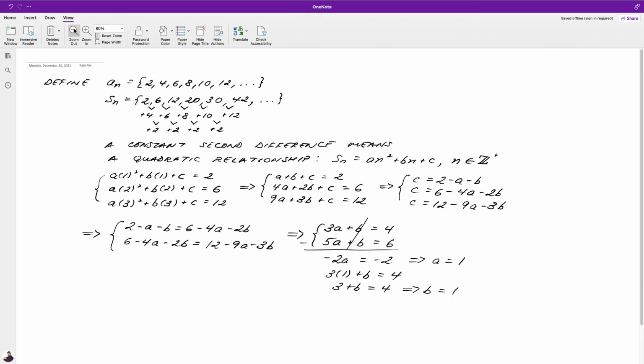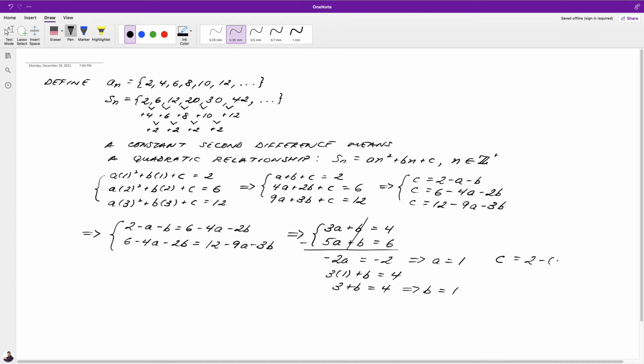Now we've got to find c. Let's just use this top equation. We've got c equals 2 minus a, which is 1, minus b, which is also 1. Well, that means c equals 0. So we're done. We have S sub n is equal to a, which we've discovered to be 1, times n squared, plus b, which we've discovered to be 1, times n, plus c, which is 0.